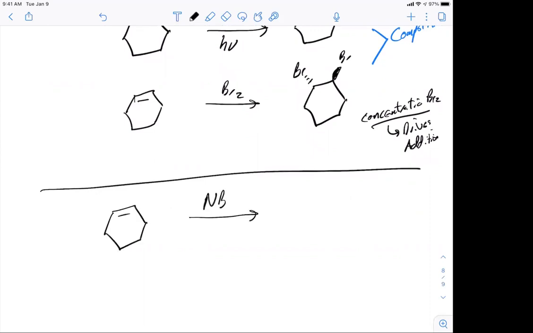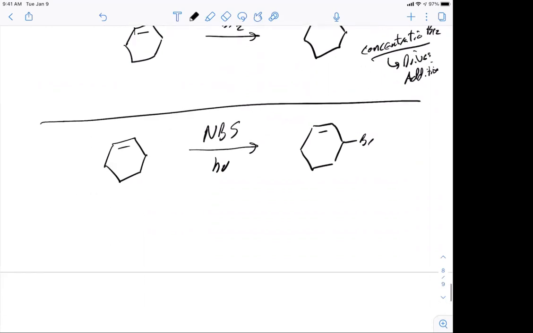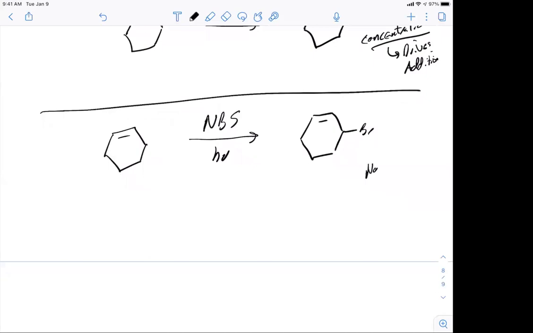So we're going to add NBS, and we can use light or heat, and that will give us our benzylic reaction, our allylic reaction, sorry, without the competition. NBS is this molecule, N-bromosuccinimide.